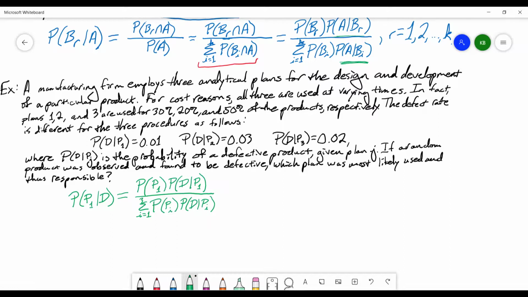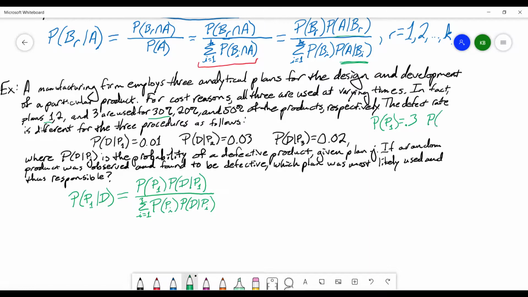So I already have all of my conditional probabilities labeled for me. I now need to figure out what is the probability of using plan 1. If I look at this, it tells me that plan 1 is used 30% of the time. So the probability of plan 1 being used is 0.3.